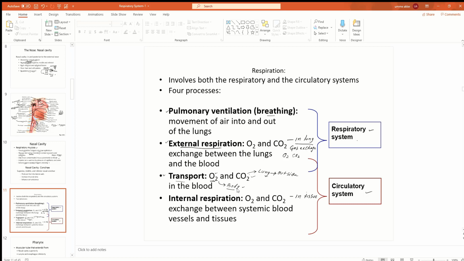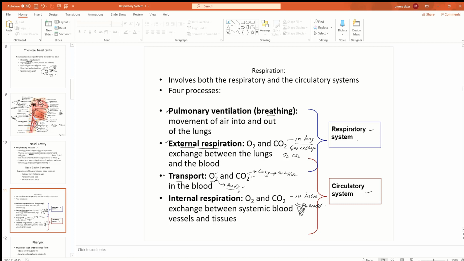Okay, so what happens in the tissue? This is your tissue, you already know. Blood, this is the capillary, so blood inside. Now if I ask you why blood goes to the tissue, I just mentioned to give oxygen to the tissue. Okay, so oxygen goes from the blood to the tissue, we all know that.